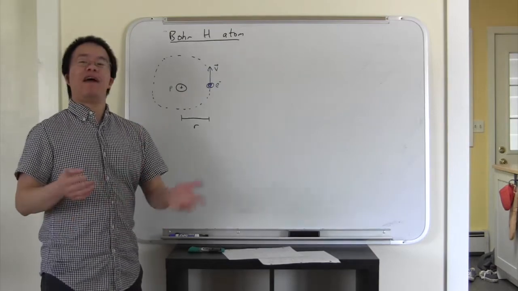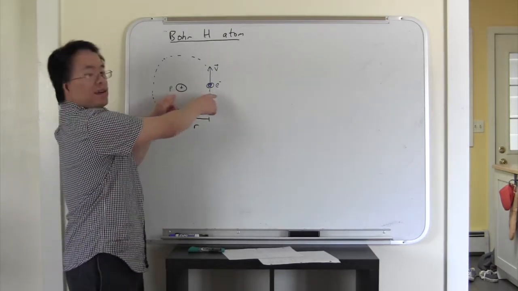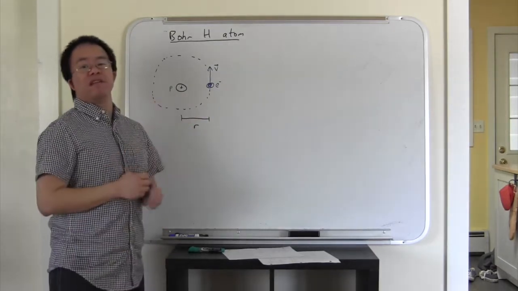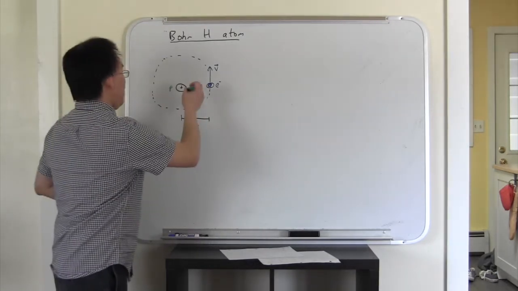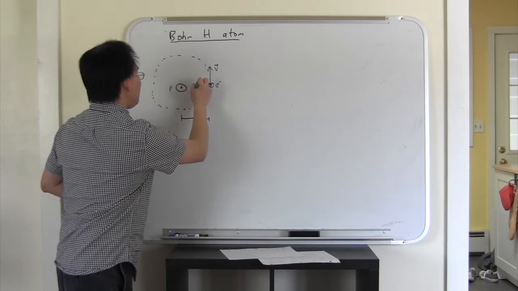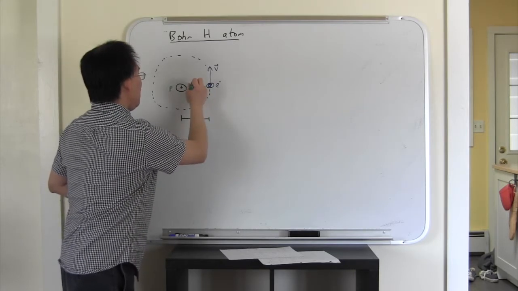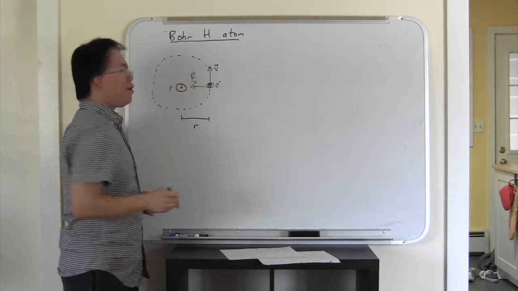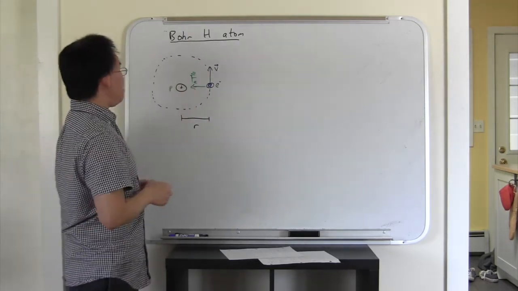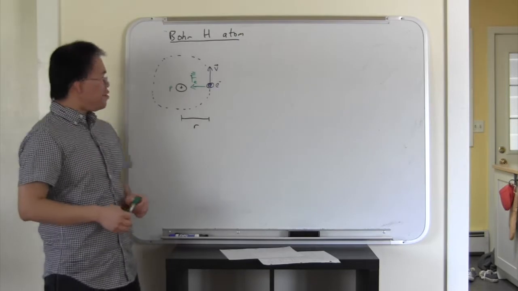Things like gravity, the gravitational attraction between a proton and electron, is negligibly small compared to the electric force exerted by my proton. So I'll label that on my electron as F sub E. And this is a good thing, right?